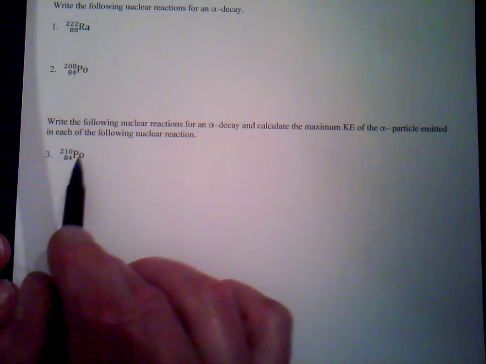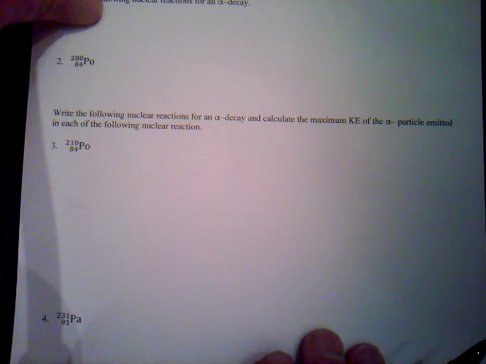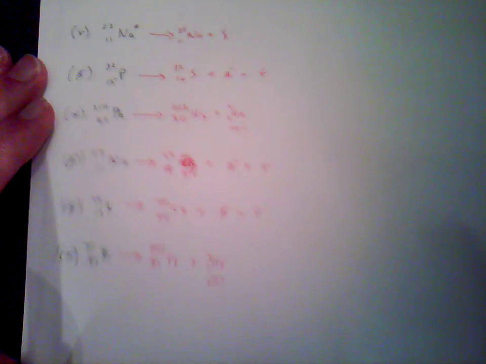But we're going to come down here to find out the energy that is released for this decay process. Basically, write the following nuclear reactions for an alpha decay and calculate the maximum kinetic energy of the alpha particle emitted. Again, what happens when these particles break apart is there's an alpha decay.